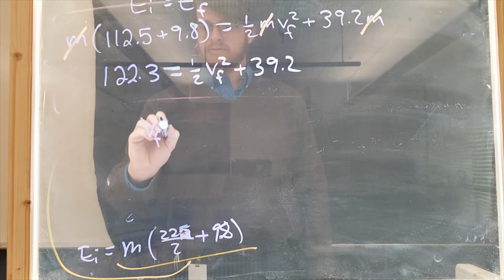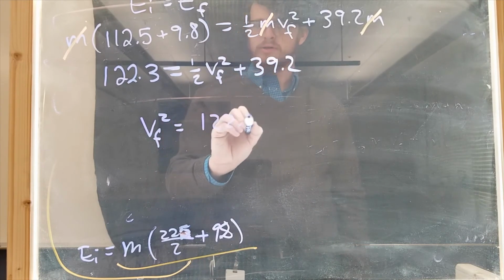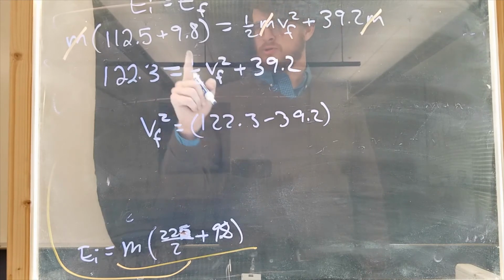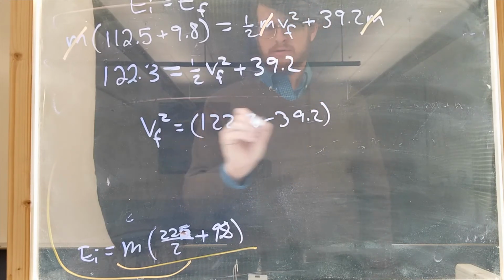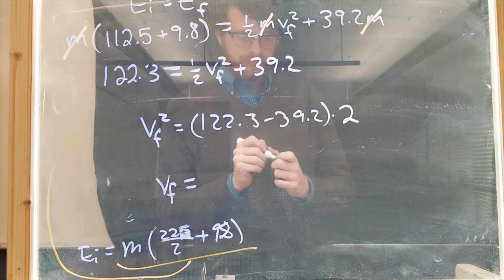So v final squared equals 122.3 minus 39.2, all times 2.